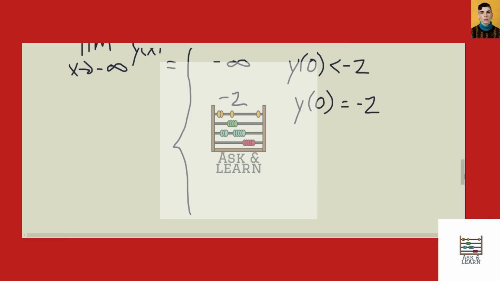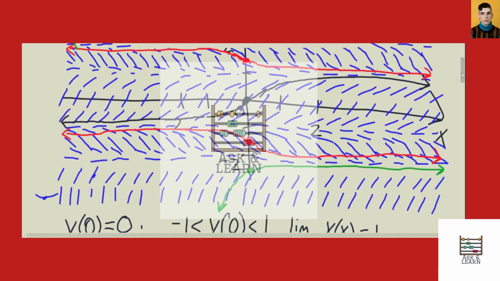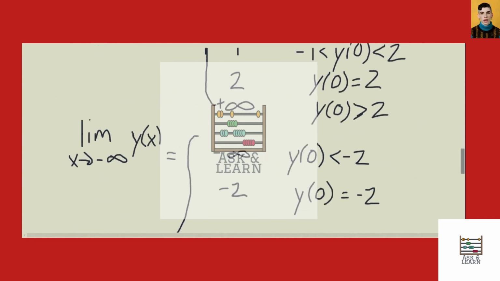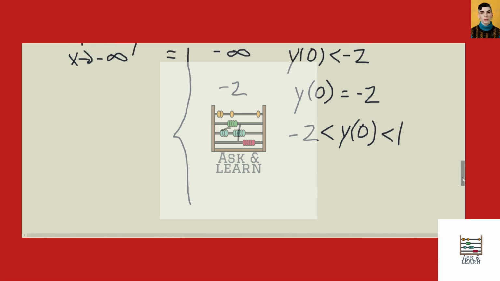If y of 0 is greater than negative 2 and is less than 1, you see that the limit as x approaches negative infinity is -1. So for y of 0 between -2 and 1, this is -1.